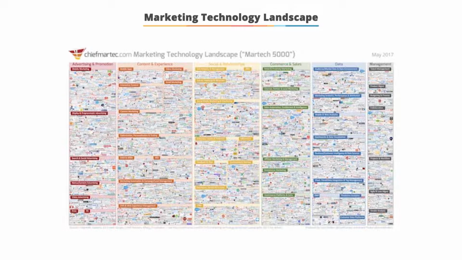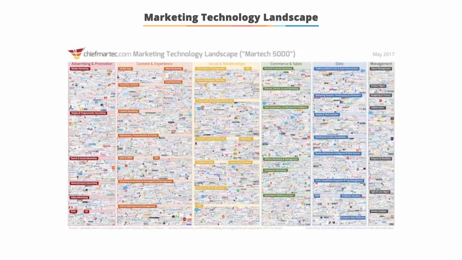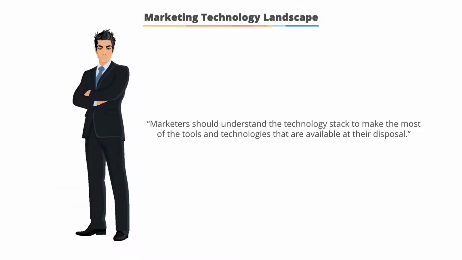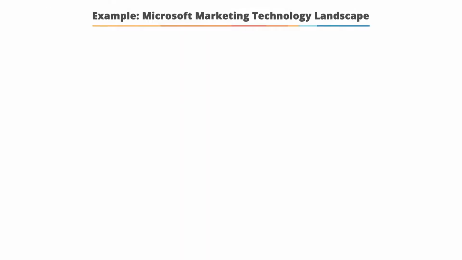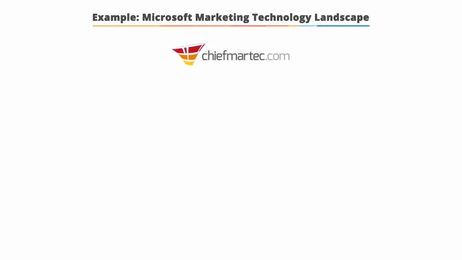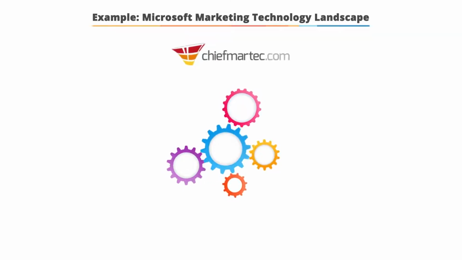But the good news is, if you have a marketing idea, there's probably something out there to help you out. As a marketer, understanding what we call the technology stack is critical if you want to make the most of the tools and technologies you have at your disposal. In fact, understanding your marketing technology landscape is so important that Chief Martech asked people to submit their marketing stack.